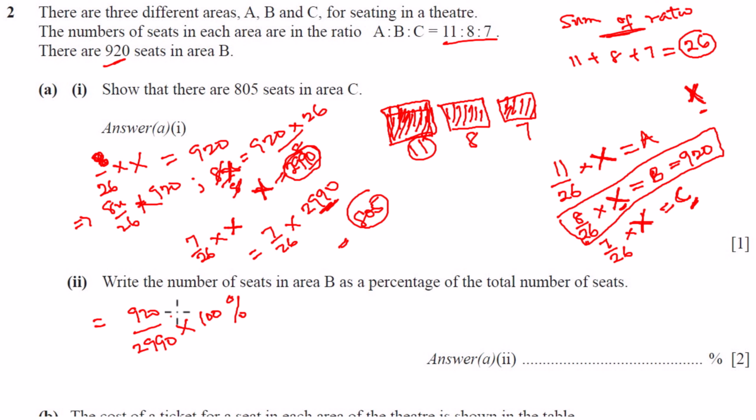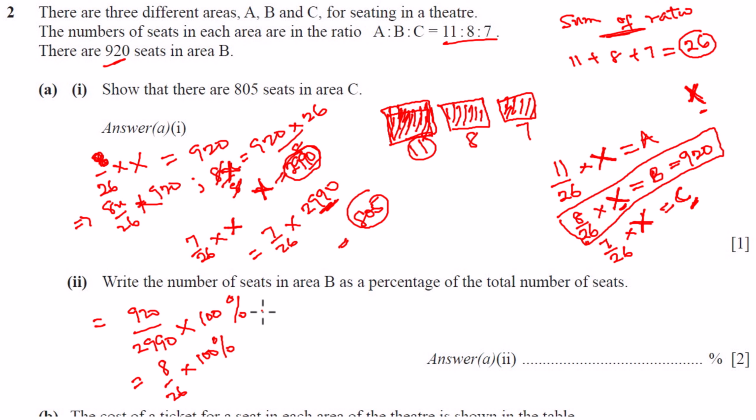You can either do this, or because we already know the fraction to be 8 over 26, you can also use 8 over 26 times 100%. You should get the same answer. So let's go ahead and press 920 divided by 2990. That gives me 30.77%.